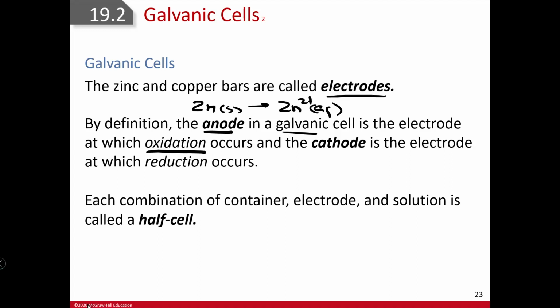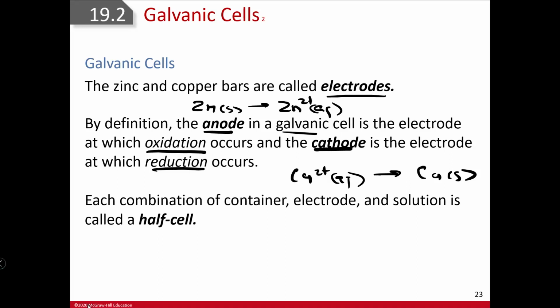So at the anode, oxidation occurs. The electrons flow through the meter, come out the other side, and the cathode in galvanic cells is where reduction occurs. So what's happening there is the copper 2 positive ion that was aqueous, the blue solution, gains those electrons and becomes copper solid. So we see the copper 2 ion being reduced.